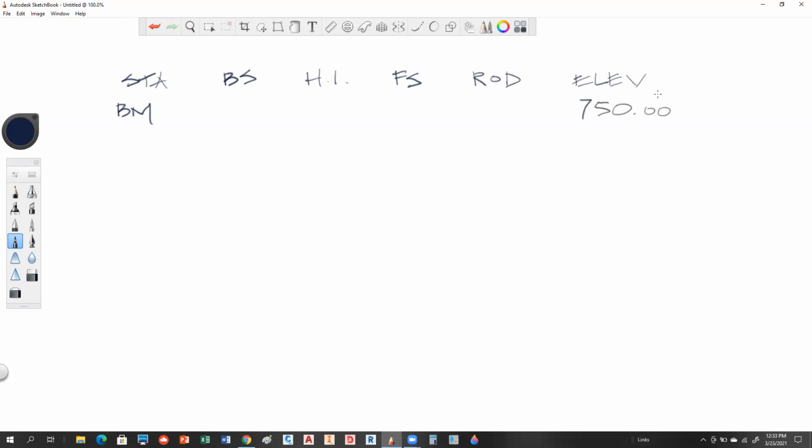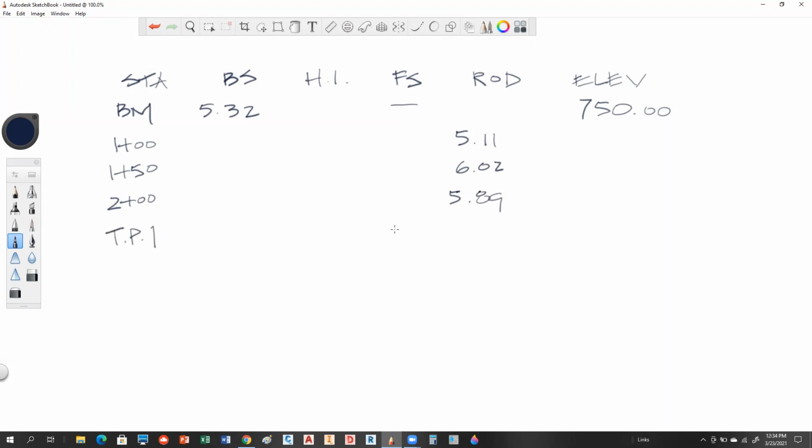And we'll just have a couple of, I'll have a back sight here, 5.32. And then I'm going to just have a couple of stations here. And so we're going to have some rod shots of, let's say, 5.11, 6.02, and 5.89. So then we had a turning point, 1.